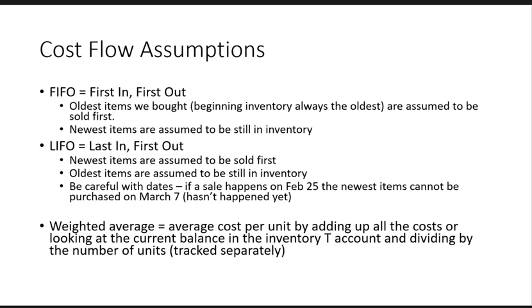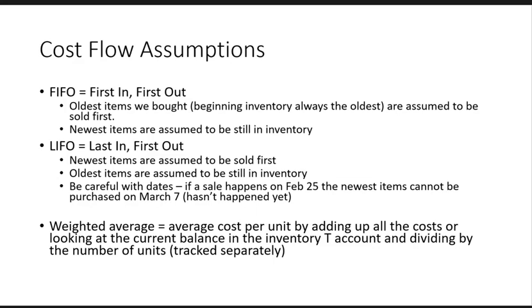That hasn't happened yet, because you're selling them on the 25th. With FIFO, you don't have to be so particular. You just need to know generally which ones are old or new. But with LIFO, which ones are the newest changes every time you buy something. So that means the oldest items are still in inventory, is what you assume.